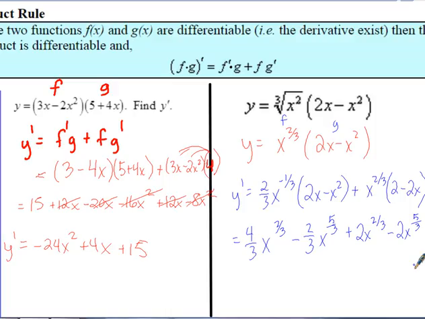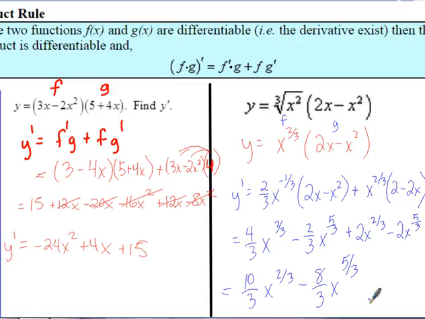So I have a 4/3 plus 2. This is where your fractions come in. 4/3 plus 2 is really 6/3, so it's 10/3 x to the 2/3. And then I have the two 5/3 terms, a negative 2/3 and a negative 6/3. So negative 2 plus negative 6, negative 8/3 x to the 5/3.